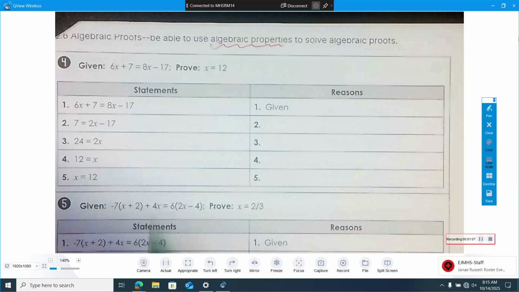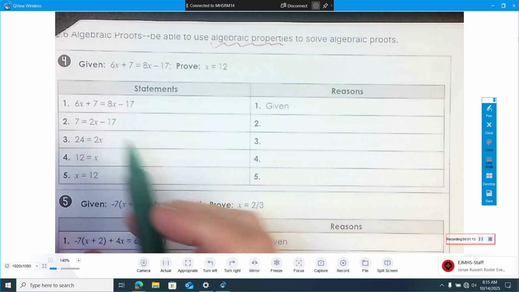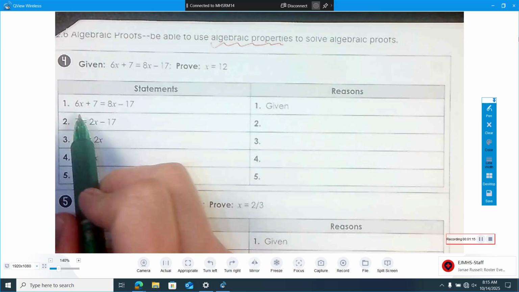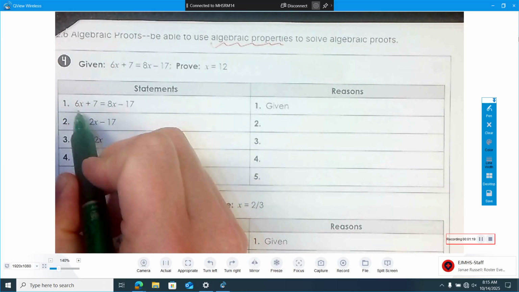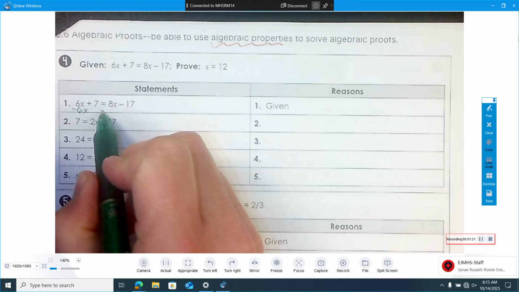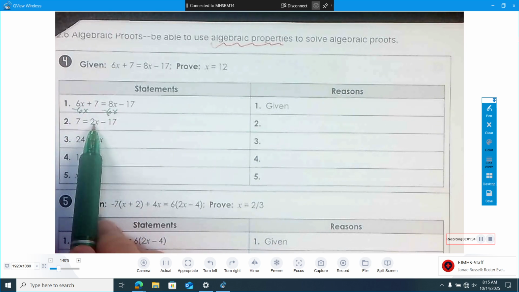All right, now, you'll notice if you look from step 1 to 2, what is changing and what is staying the same? The x disappeared. So, how did it disappear? They must have subtracted. And so you'll notice if I were to write in that intermediate step, you can see that we are subtracting 6x from both sides, and that's how we get to the next step.